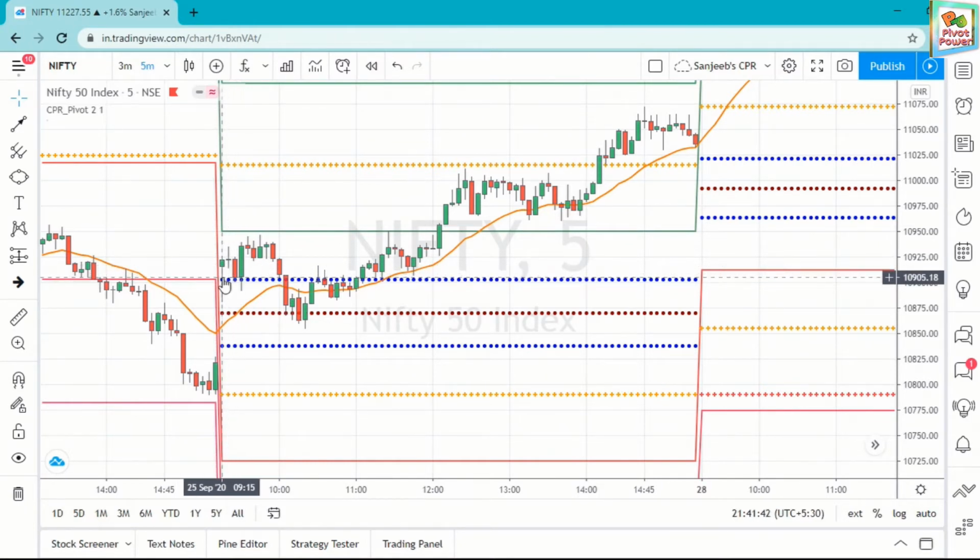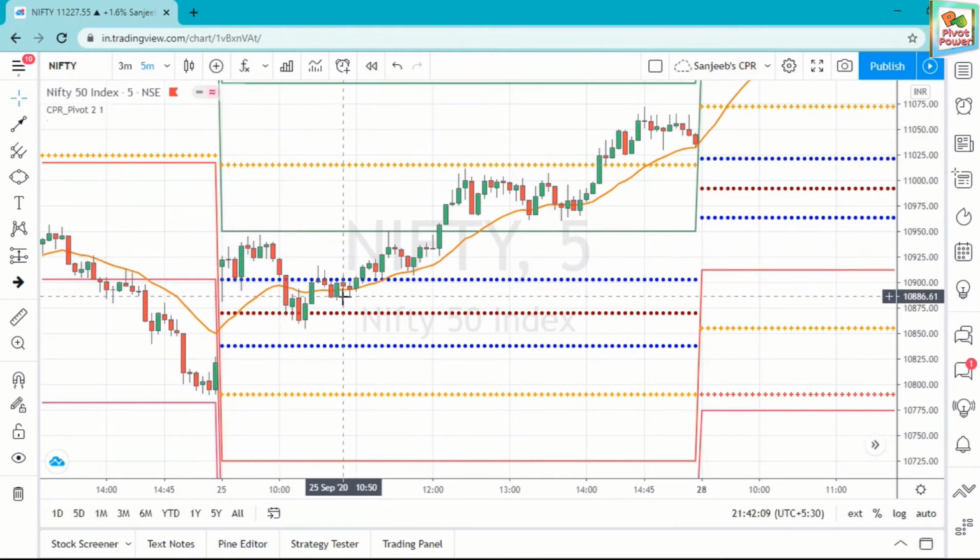You can trade here, but it has a very long wick. It is a bullish candle, no issue. Then you can take a trade here and target the next resistance, but there is no good risk reward here. Then you can watch for the next entry.